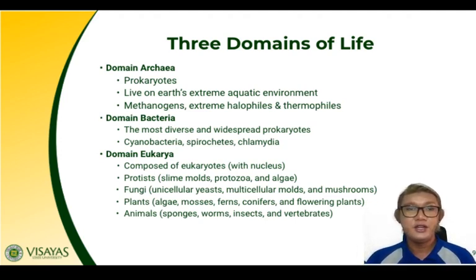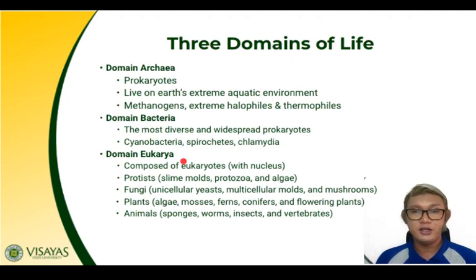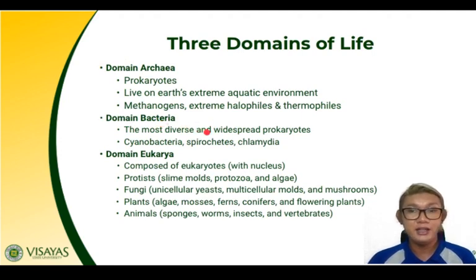We have the domain Archaea, the domain Bacteria, and the domain Eukarya. So just like what you have learned in your previous lessons, the domain Archaea and the domain Bacteria, the organisms under these domains are all prokaryotic organisms, meaning they do not have their own nucleus.